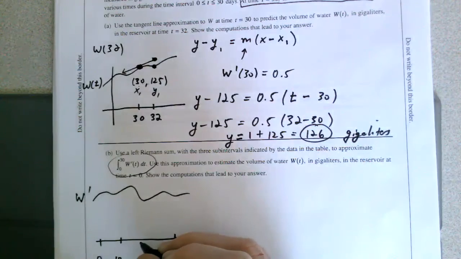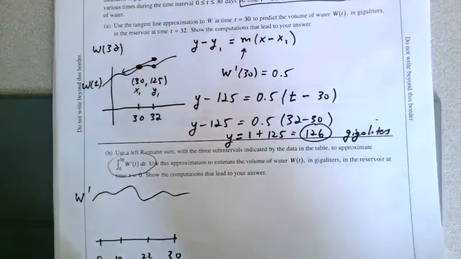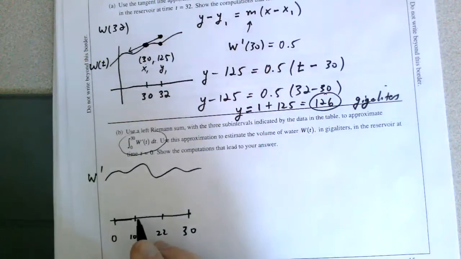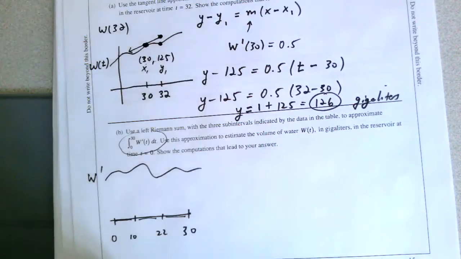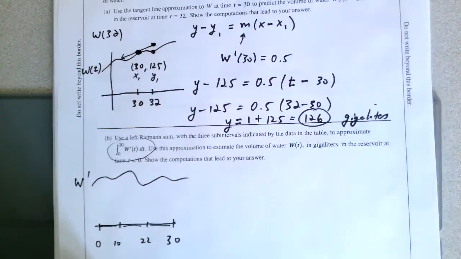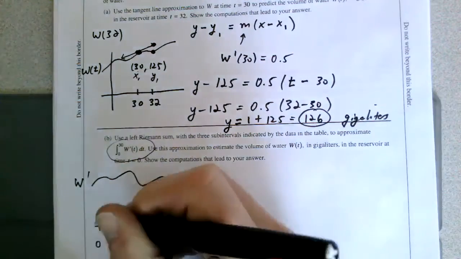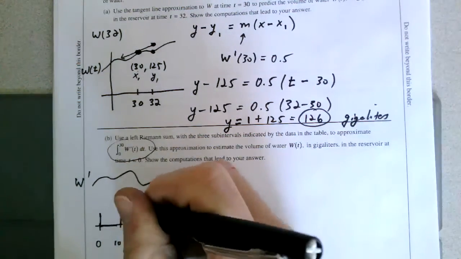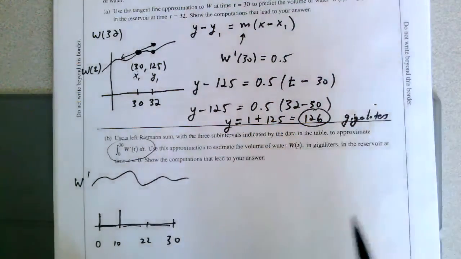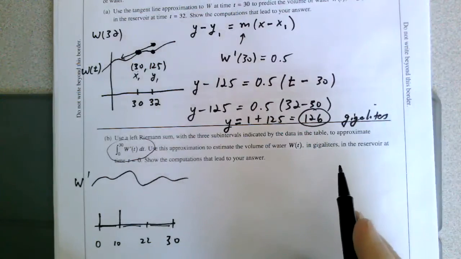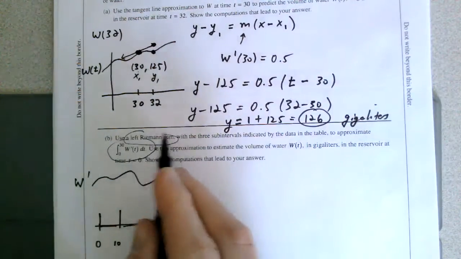So 10, 22, and then 30 is already on there. So as you can see, we have 1, 2, 3 subintervals. So above each of those subintervals, you're going to construct a rectangle. How high is each rectangle? Well, they tell us to use a left Riemann sum.